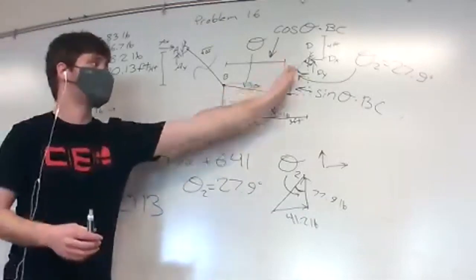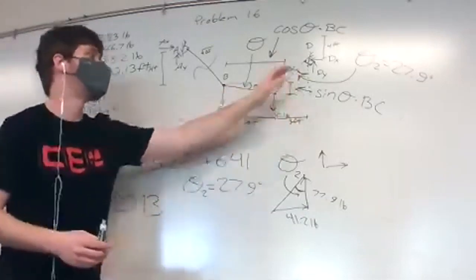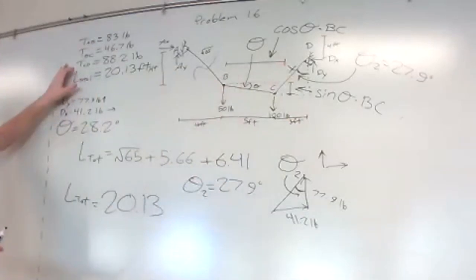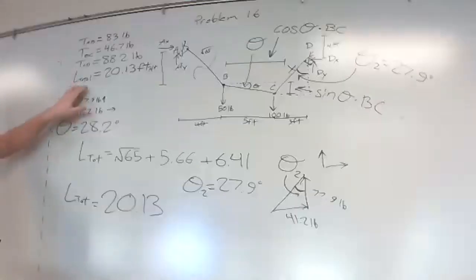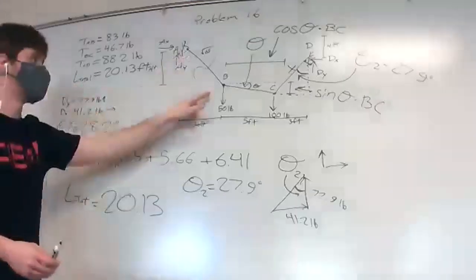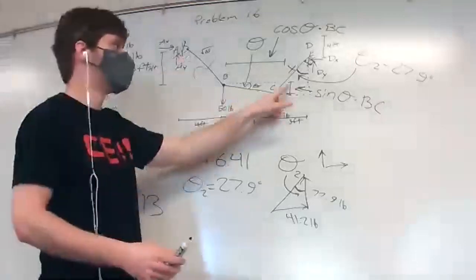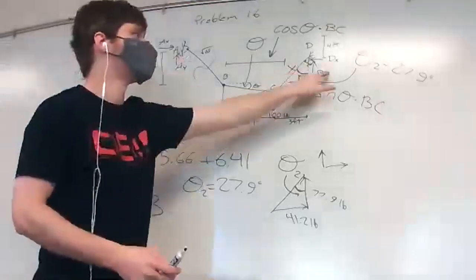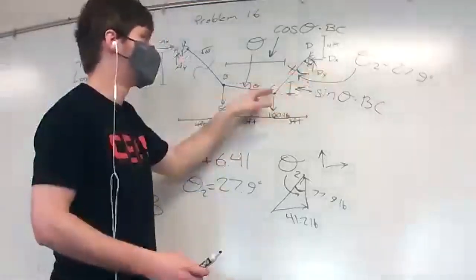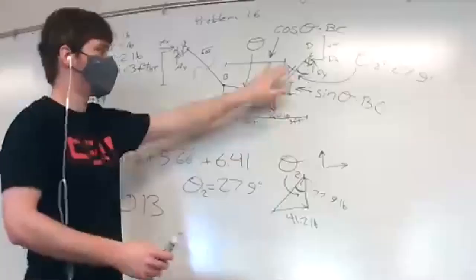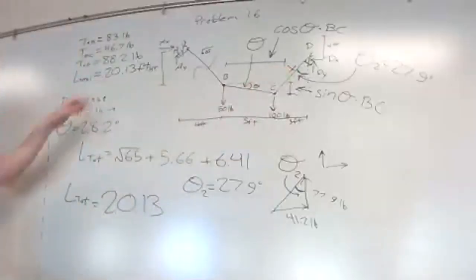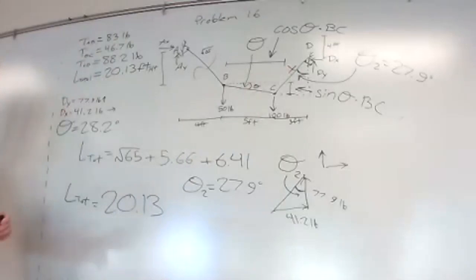Then we moved our cut over once more and found TCD as the resultant of dy and dx. Finally for our L total, we found the length for AB, for BC, and then used an angle with these forces to find this distance, and we add those together. That is our L total.